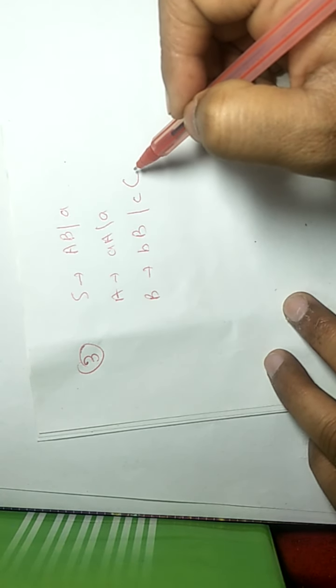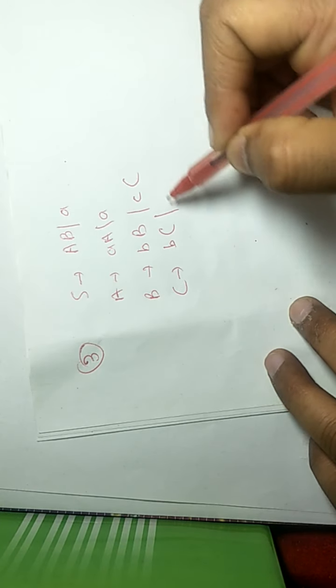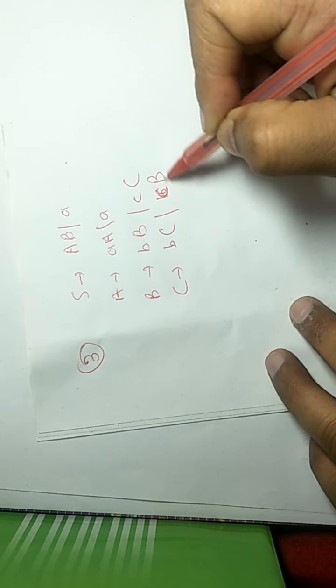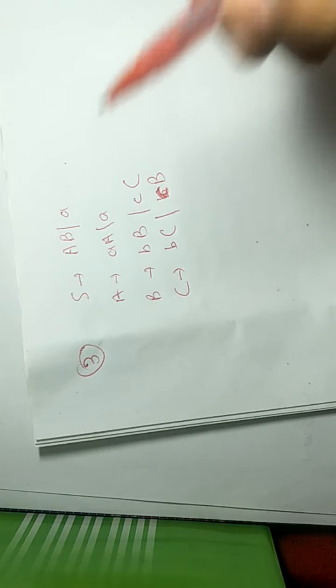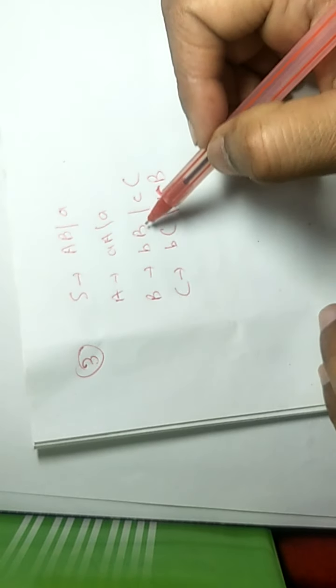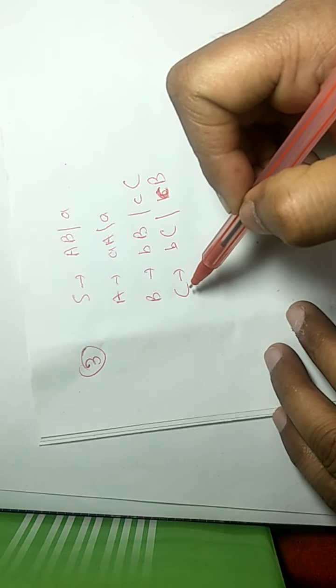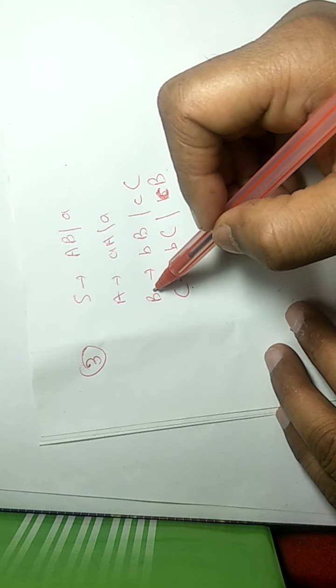So from B we can move to C, and C tends to BC slash CB, a small c. So here we have a choice to put C at the place of B. But look at C. From C, either we will get C or we will move to B again.